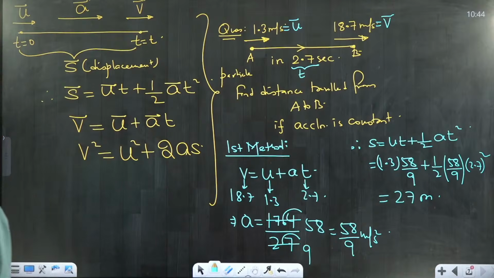But is this a quick method? Will you say that yes sir, it is very quick and we can do the calculation very fast? Is it? Will you say that this is a quick method?